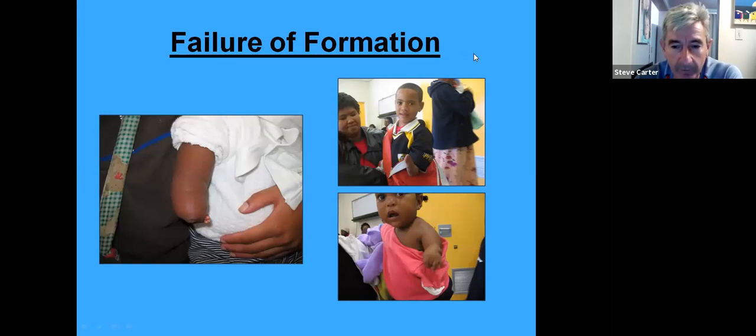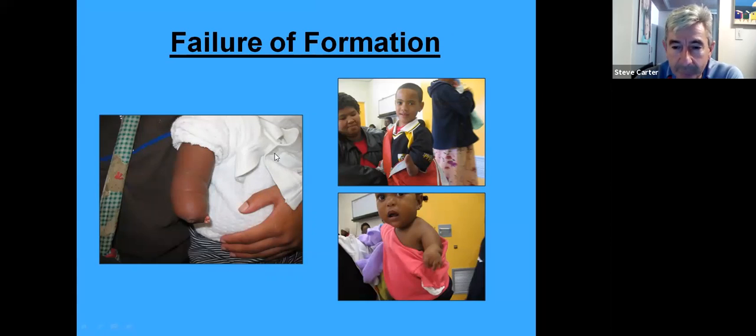Okay, a few examples. So failure of formation is fairly obvious, isn't it? So these, for example, the slide on the left and the top right is a failure of formation. It's what we call a transverse arrest. An elbow joint is present, maybe some rudimentary little finger buds on this left-hand slide, my left-hand slide, but nothing else.